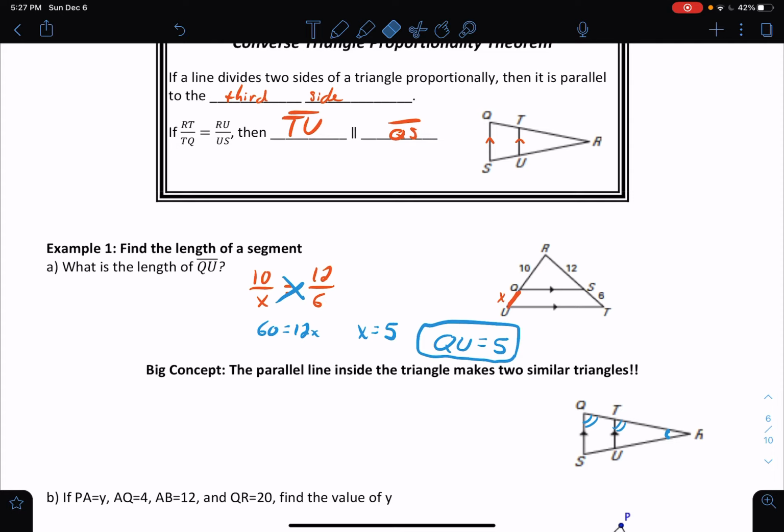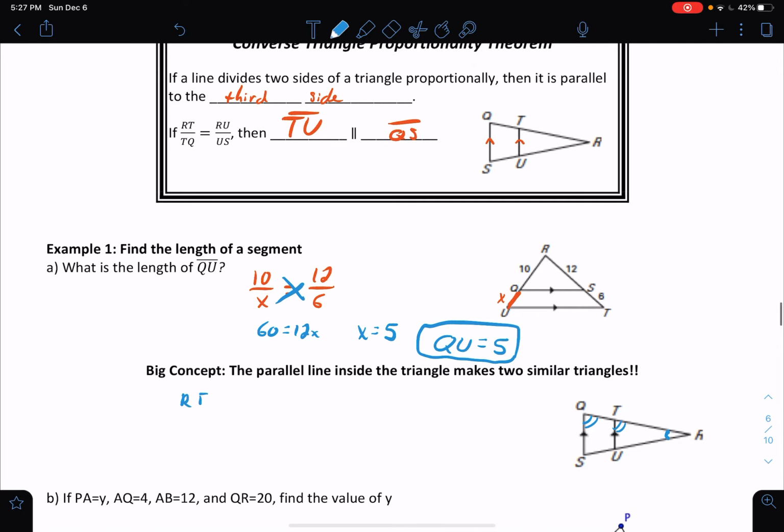Okay? And that's going to help us because then we can set up those proportions either by the triangles or by the side splitter. So we could do the side splitter, which is going to be RT over TQ equals RU over US.